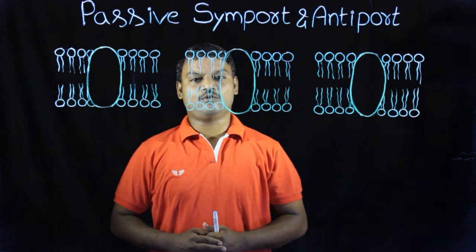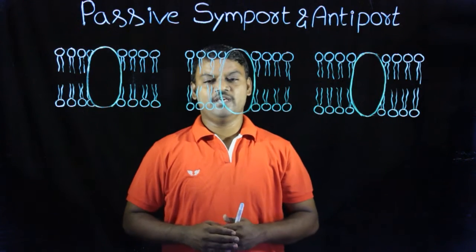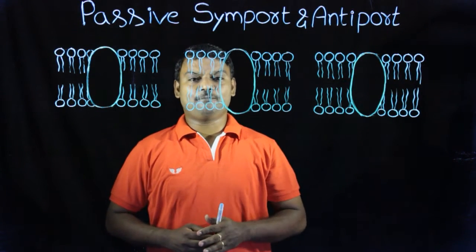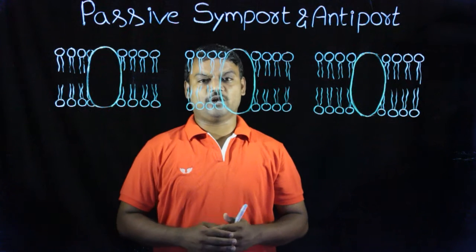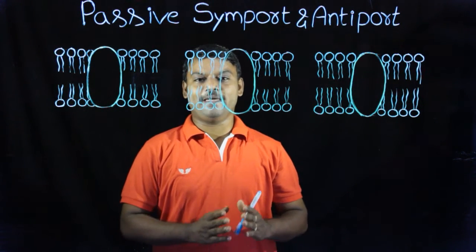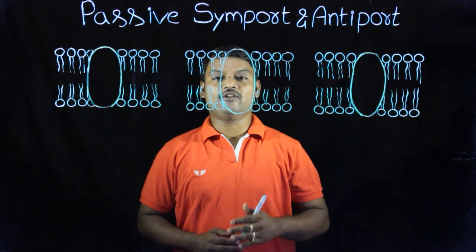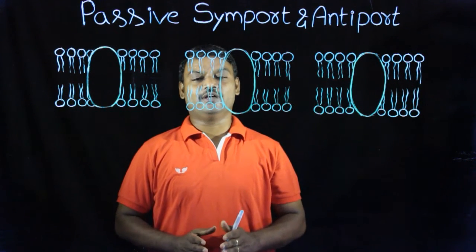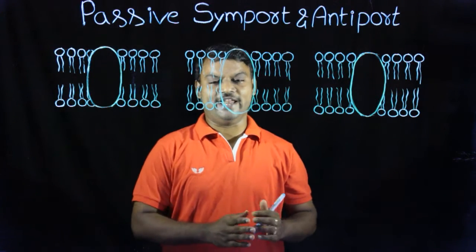Such transportation is called facilitated diffusion. Here the protein transporters participate in transportation. At this time, there is no utilization of ATP energy. The entire transportation process is carried out based on concentration gradient.